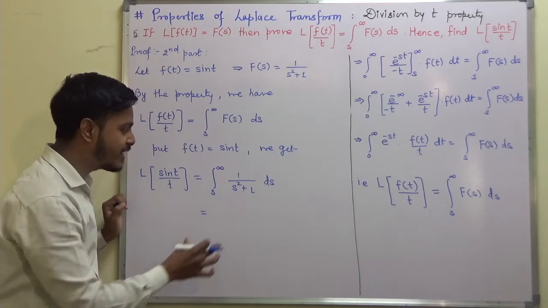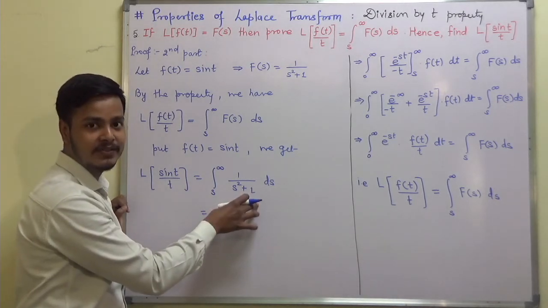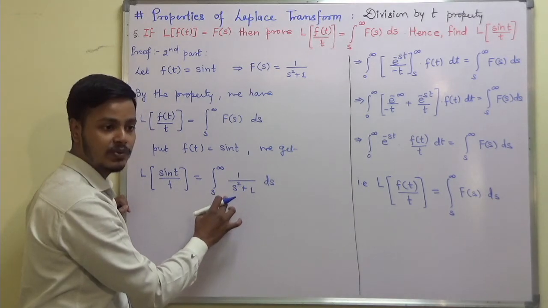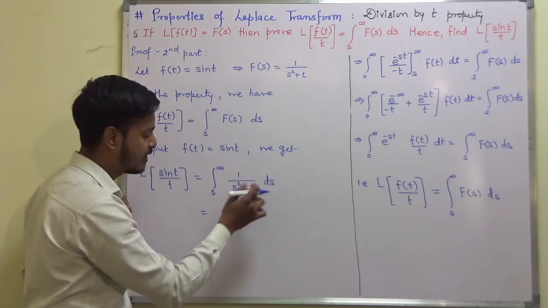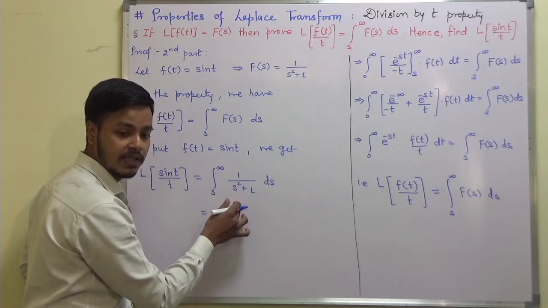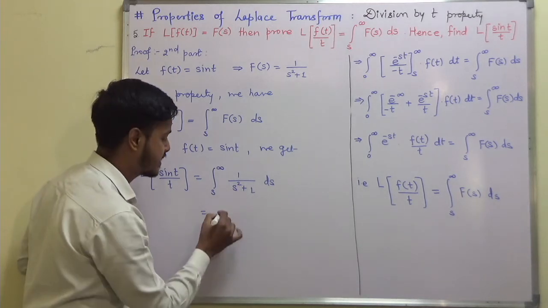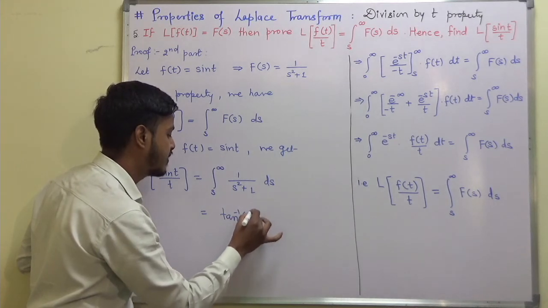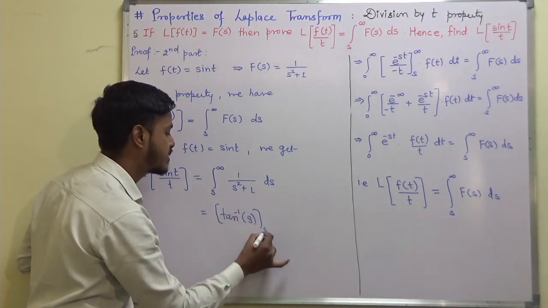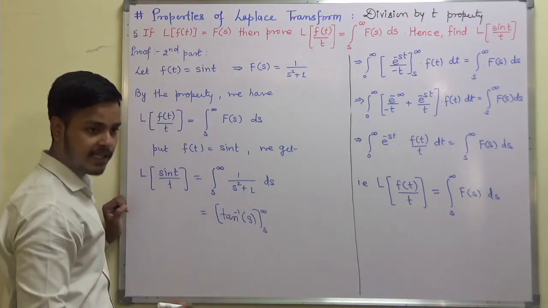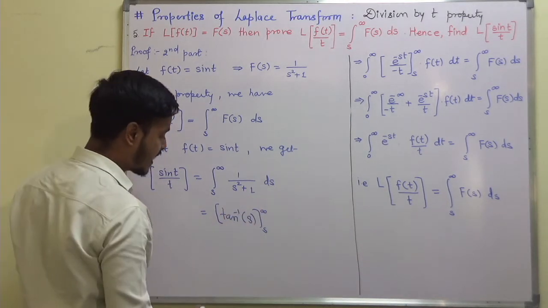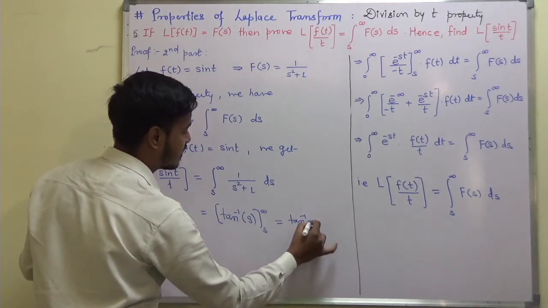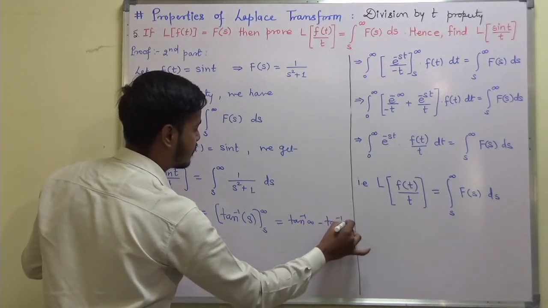Now you should be smart enough to write down the integration of this. This is 1 by 1 into 1 upon s square plus 1, so this is the integration of tan inverse of s, from limit s to infinity. Applying upper limit minus lower limit, we get tan inverse infinity minus tan inverse of s.